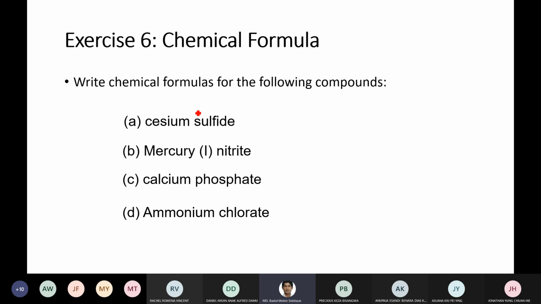Okay, first of all, we will go through some examples: the name of the compound, the formula, and why we are naming it in this form. We will talk later on about the criteria for naming chemical compounds. Number A says cesium sulfide.